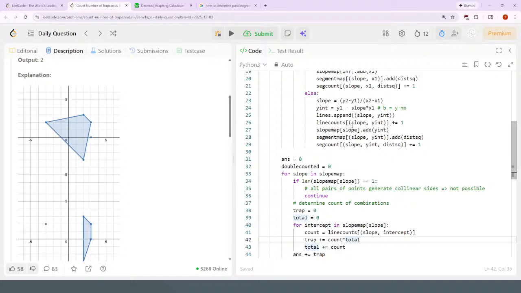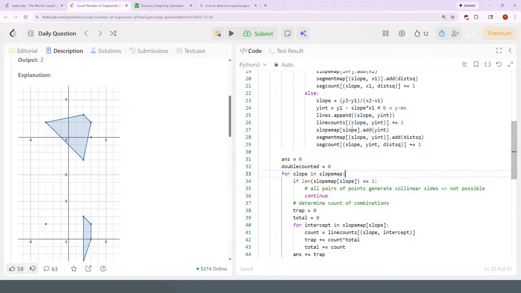So if we're dealing with something with a particular line count, slope, y-intercept, and distance is the same. So we're going with the slope. We're going with the same distance but different y-intercepts.